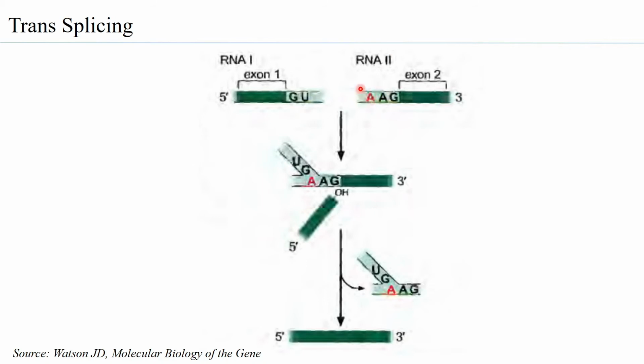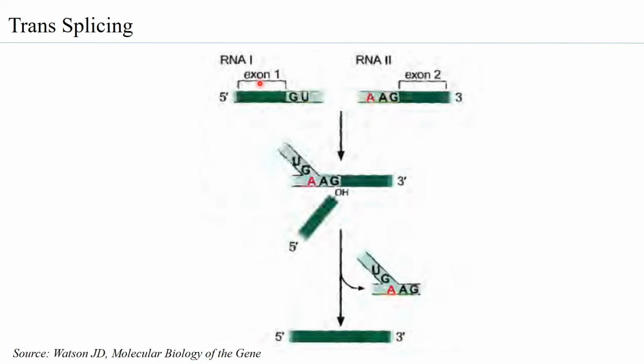So it is possible that the branch point A of RNA2, that is the intron of RNA2, using its A can carry out a splicing at the 5' splice site of an intron on RNA1, a different RNA. So what happens therefore is that the intron of RNA1 is removed by the intron of RNA2.